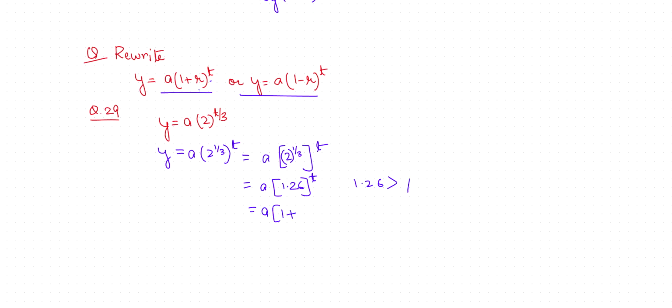It is greater than 1, so definitely it is growth. And this R gives the percentage. This R is 0.26, or 26%. That gives us the growth or decay rate. So the growth rate is 26%.